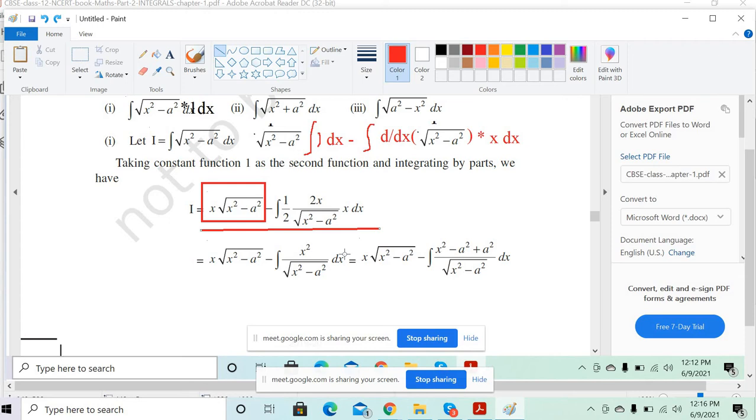If we just know how to derive one formula, we can derive all the remaining two formulas, so we don't have to worry as such then.